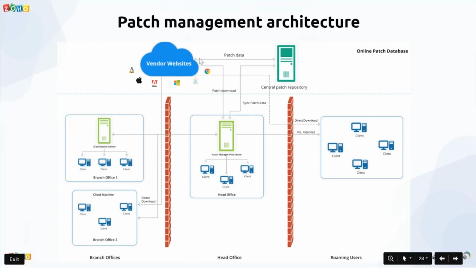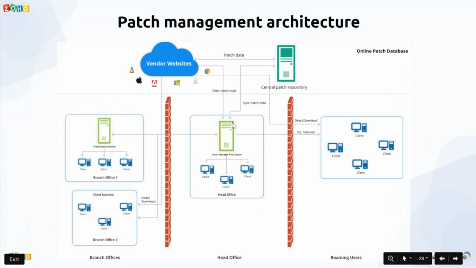Once this information is received, the patches are tested in our environment for successful installation, compatibility, and applicability. After this, it is pushed to our central patch repository. The Desktop Central server subscribes to the central patch repository periodically to download the vulnerability database.